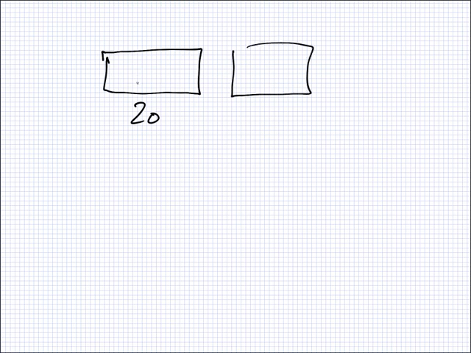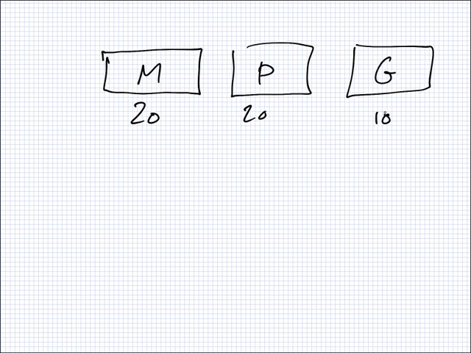We'll go back to a simpler book example, maybe. Okay, so let's say you have 20 maths books, 20 physics books, and 10 geography books.